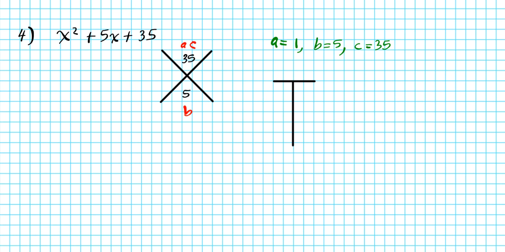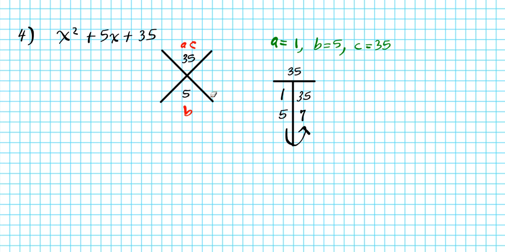That's the question. So we're going to put 35 up here, and let's list all the products of numbers that yield 35. 1 times 35 yields 35. What else goes into 35? 5, right? 5 goes into 35 7 times, and I think that's it. So do any of these combinations yield 5 as a sum or difference? 1 and 35 yields 36 or 34.